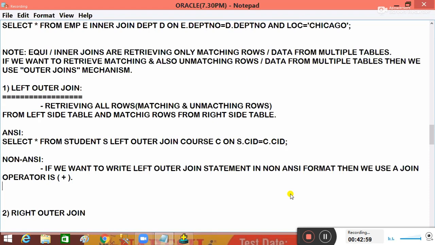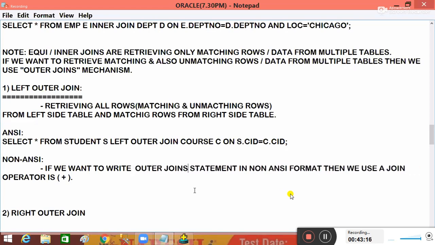So in non-ANSI format, whenever you want to write outer joins, that means left outer join, right outer join or full outer join, whatever it is, I can simply say outer joins.